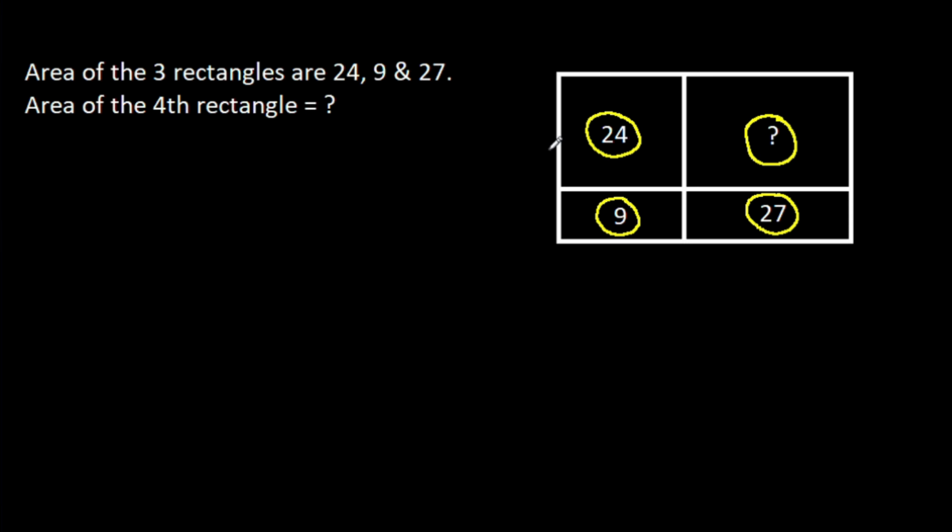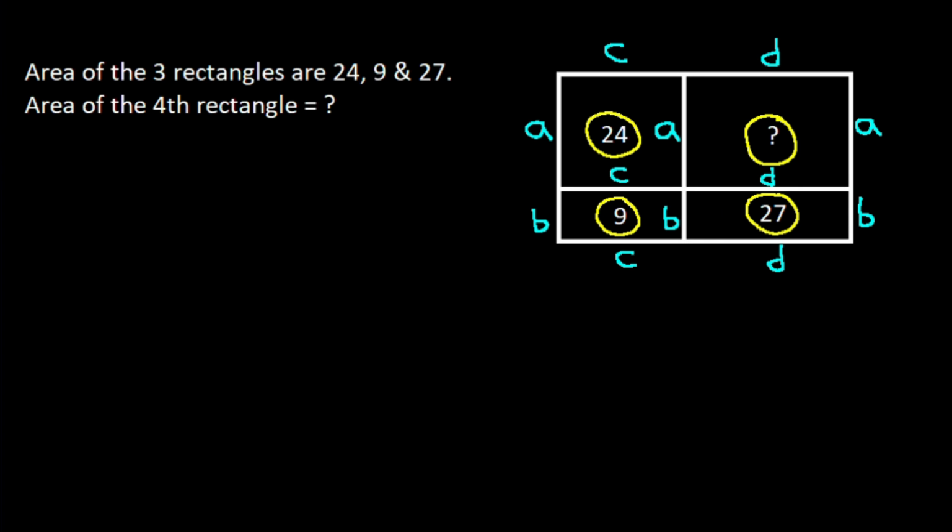So suppose this length is A, then this length will also be A, and this length will also be A. And suppose this length is B, then this length will also be B, and this length will also be B. And if this is C, then this and this will also be C, and if this is D, then this and this will also be D.